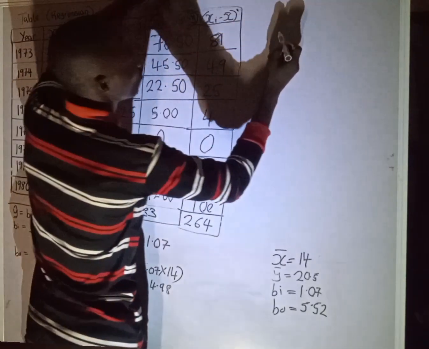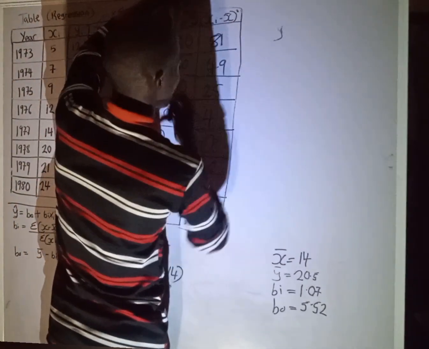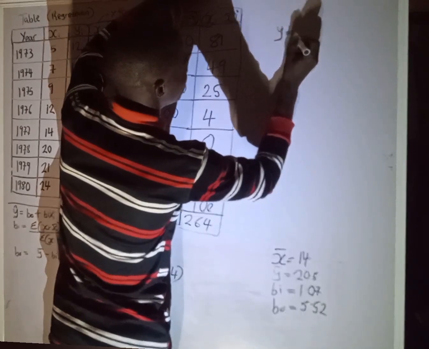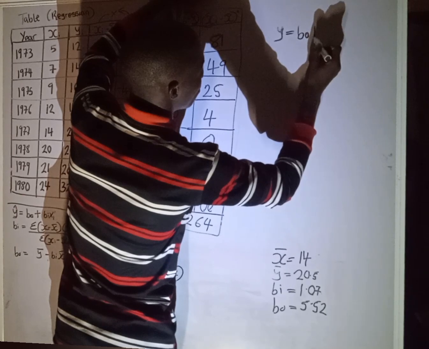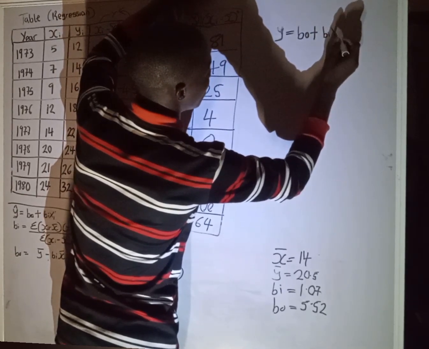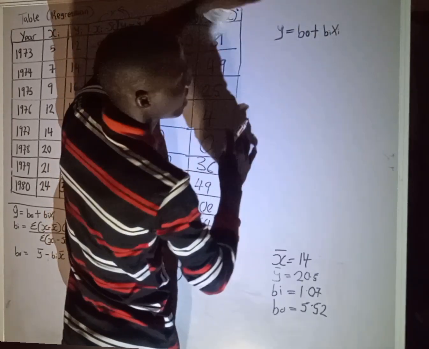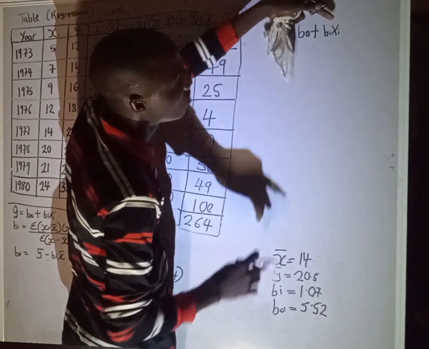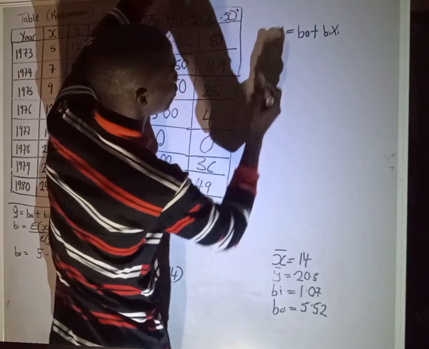So let me write the equation in this place. I will have y is equal to the intercept, which is b naught, plus the slope, which is b1, multiplied by the value of x. Because x is not a single value, I put i here.